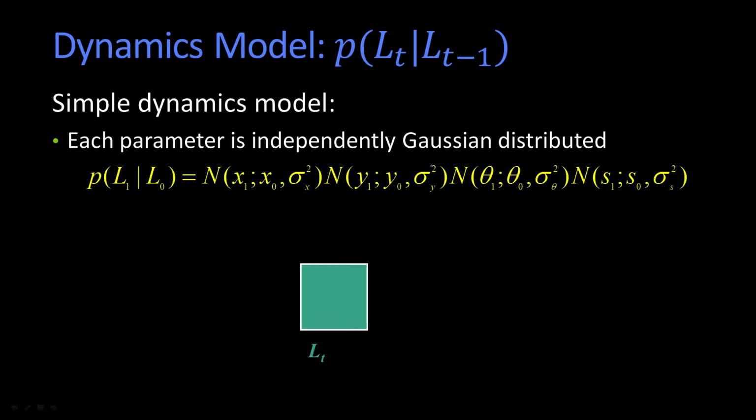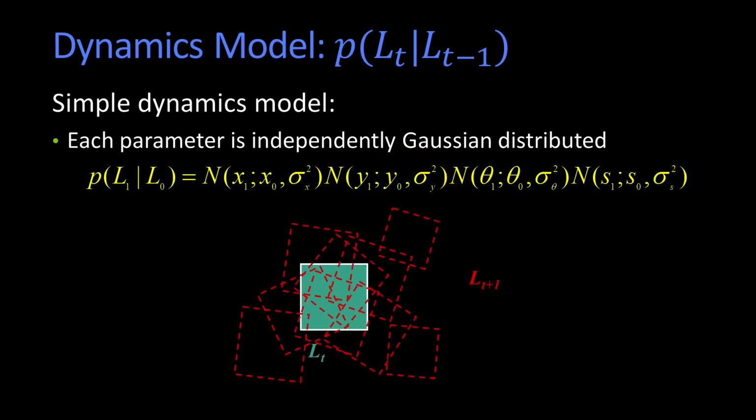That's what these things here say, okay? So in other words, moving further away from my old y gets less and less likely. What you can do is you can imagine distributing a whole bunch of possibilities, and that's what's illustrated here as LT plus 1. And the idea is that the farther LT plus 1 is from LT, in terms of x, y, theta, and scale, or any of the other variables, the less likely it is. So that's our dynamics model.